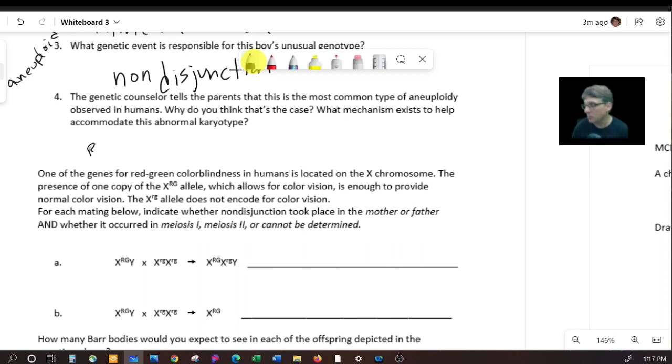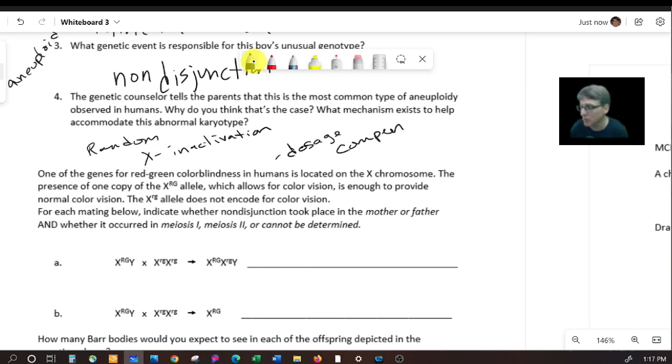All right, so the mechanism that's in place to accommodate for this would be random X inactivation, and it's because we have this dosage compensation mechanism in place.